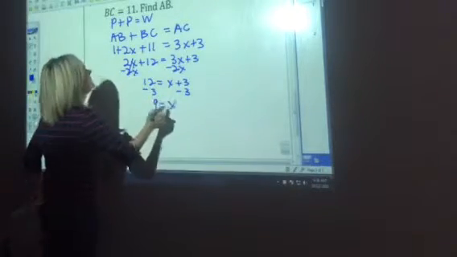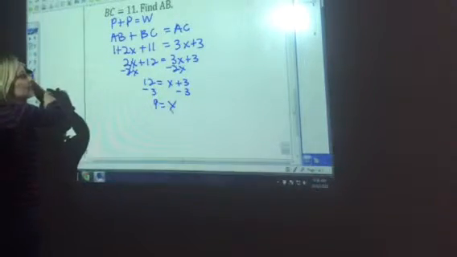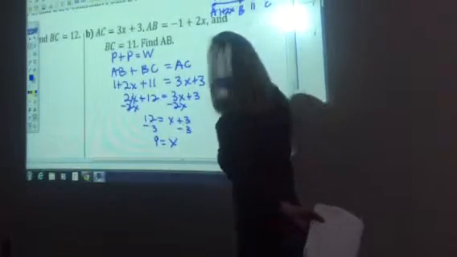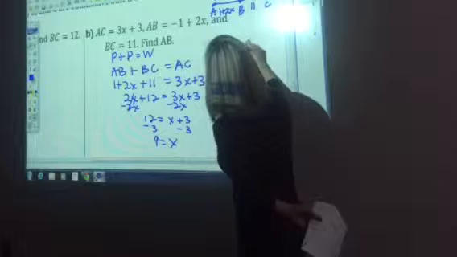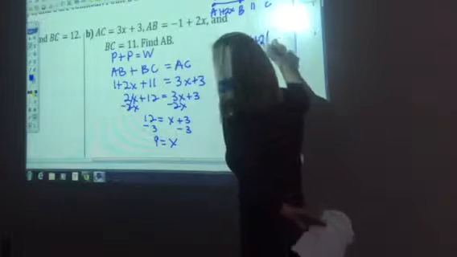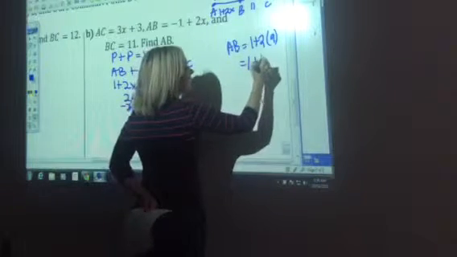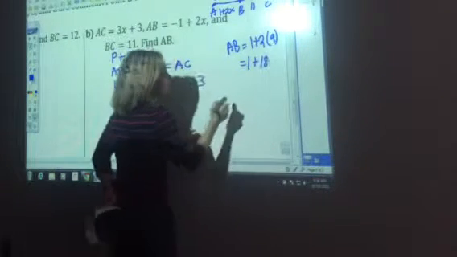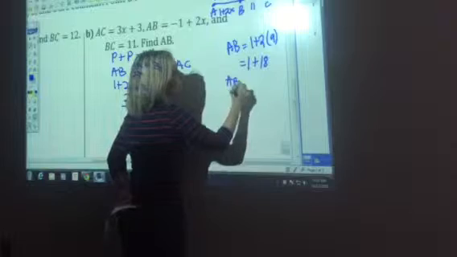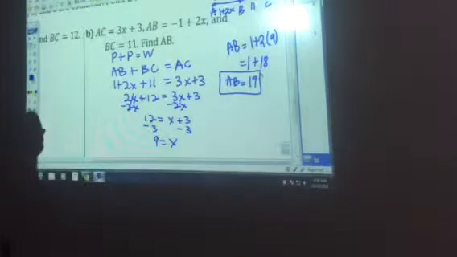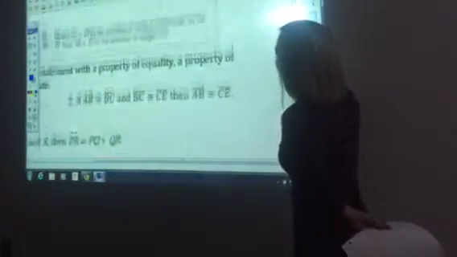On this problem, they want me to find AB, and AB is the length 1 plus 2x, so 1 plus 2 times 9. That would give me 1 plus 18, so AB is equal to 19. Okay, let's go ahead and move on to the back of this page.